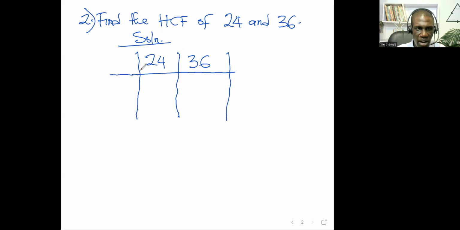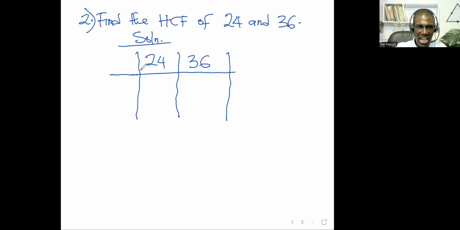So we'll start with the trial and error method. Quickly, let's start from the lowest prime, which is 2. Can 2 go into 24? Yes, 2 can go into 24 without remainder. Can 2 go into 36? Yes, as well. 2 can go into 36 without remainder.